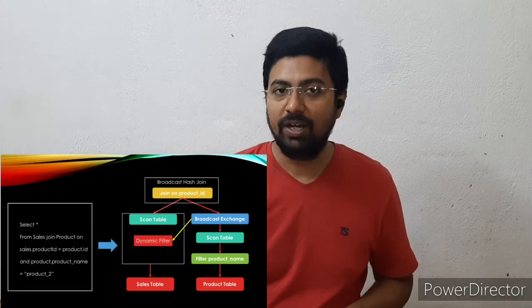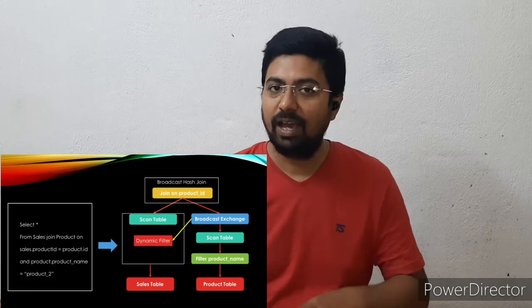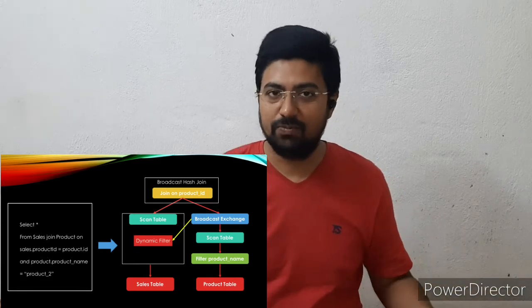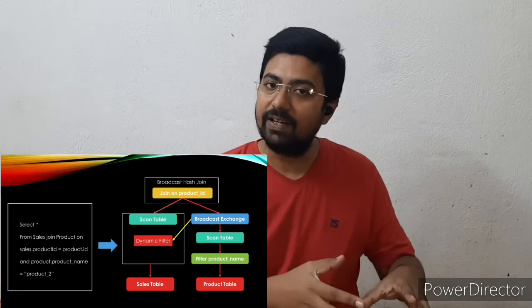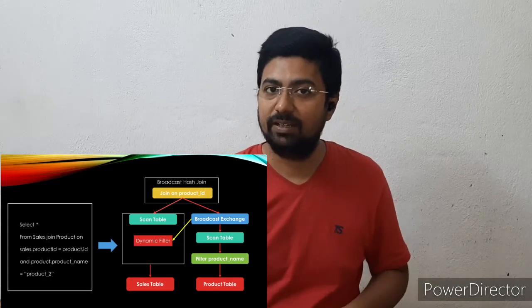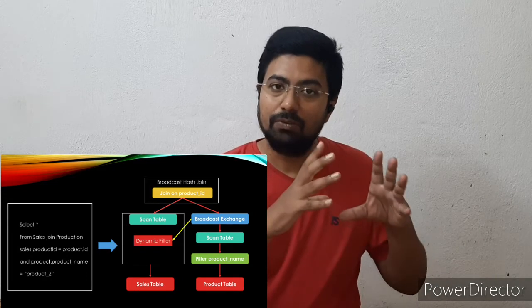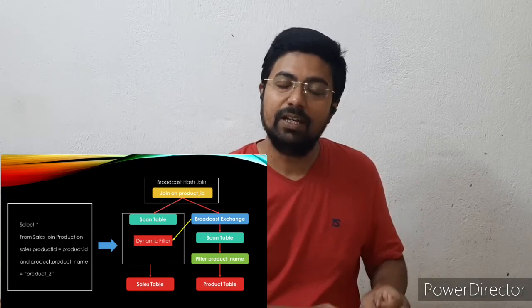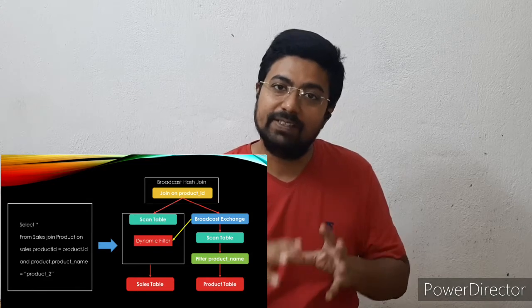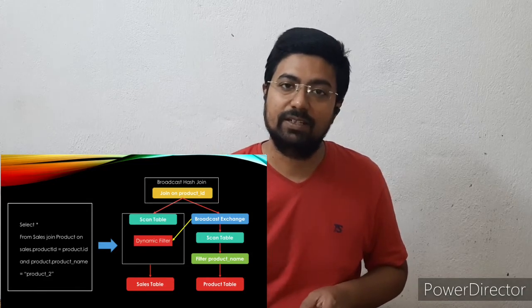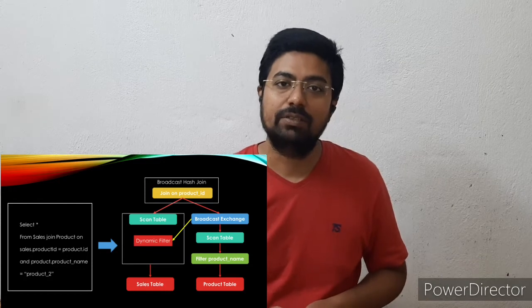That is expensive. So the best way to do that, if you have a broadcast hash join, you have the smaller table at the build side and the bigger table at the probe side, and the smaller table at the build side will be broadcasted, right? Before scanning, you filter the data, and then whatever result you get after applying that filter, you broadcast that result to the executor nodes.